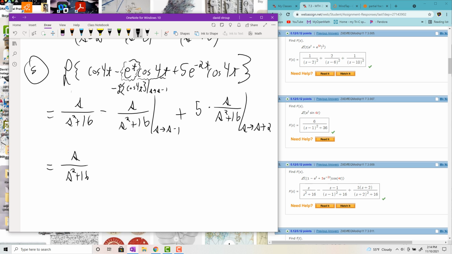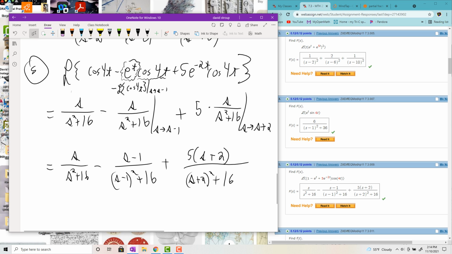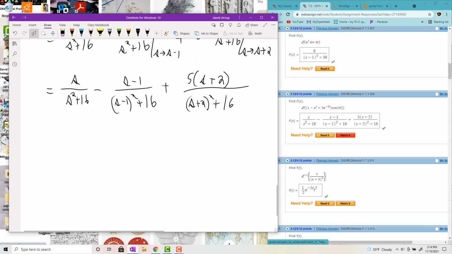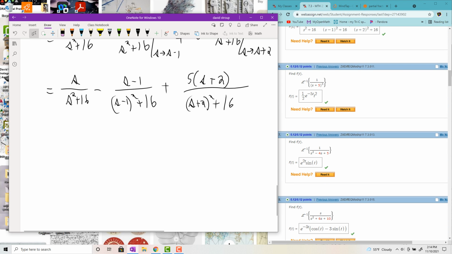So I'm skipping that little part, hope you don't mind. Minus s minus 1 all over s minus 1 squared plus 16 plus 5 times s plus 2 all over s plus 2 squared plus 16. Okay, not a big deal. It's mostly just memorizing and stuff like that.